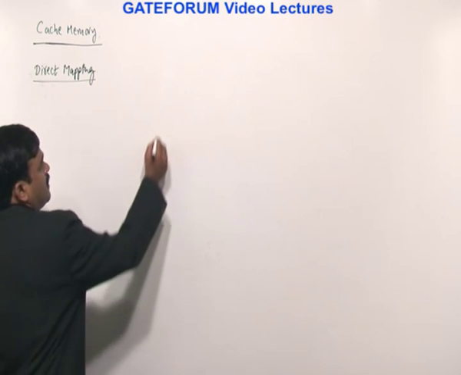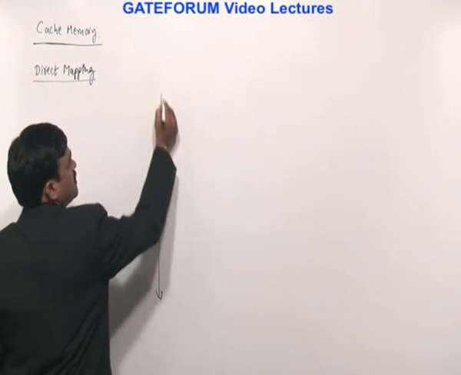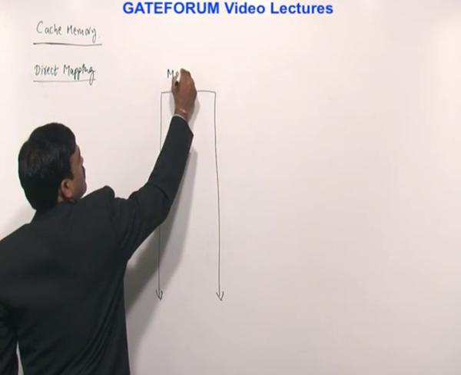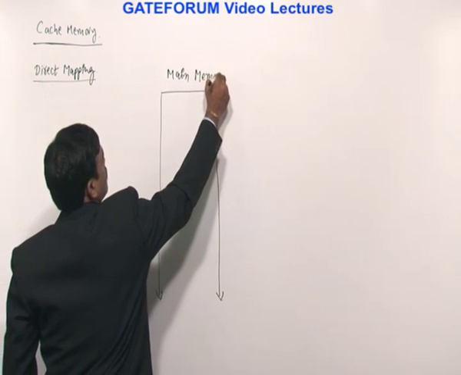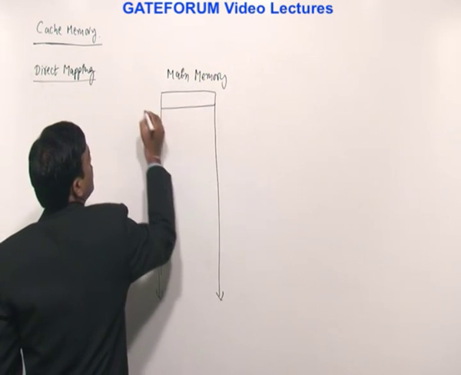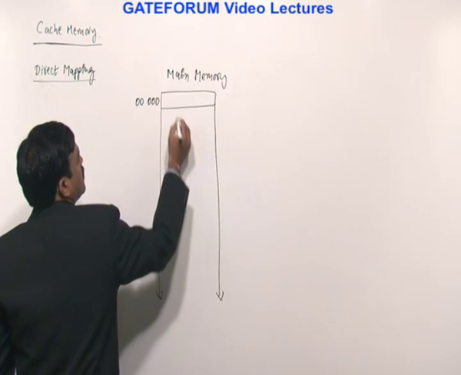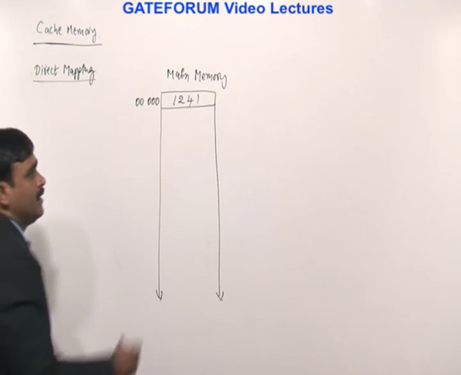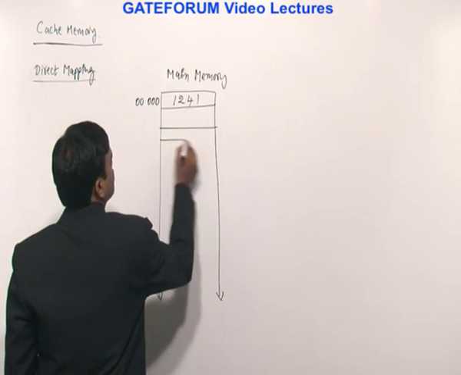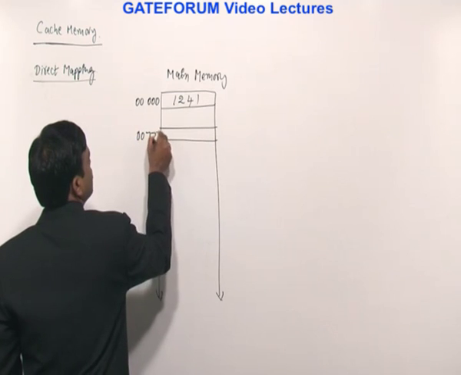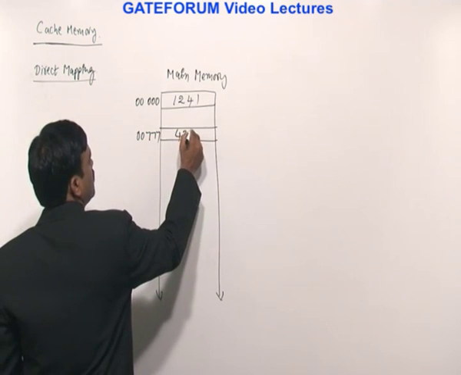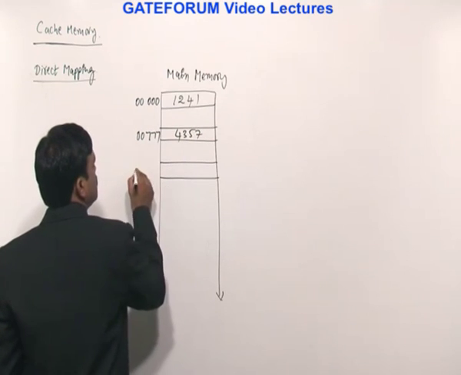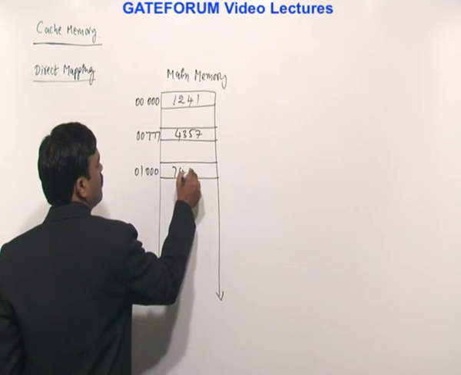For example, this is the main memory, containing different data items at different locations. Main memory may have address 00000 with the data 1241, a 12-bit data, and at some address 00777, there is a data 4357. Similarly, at some address 01000 there is 7413.